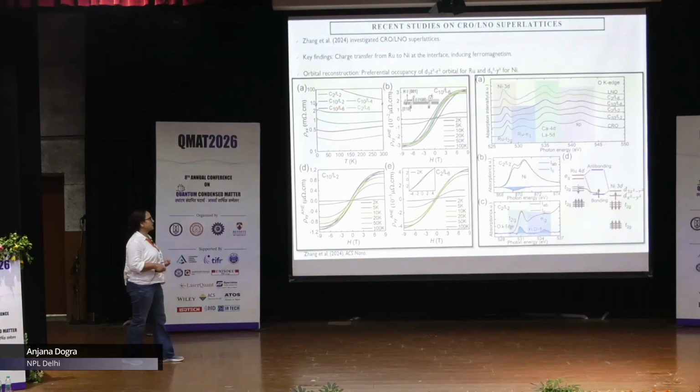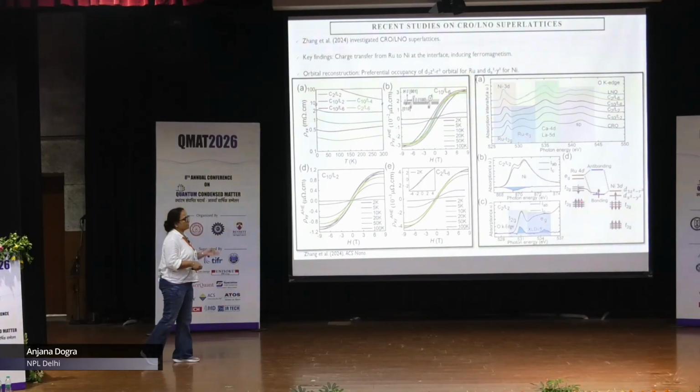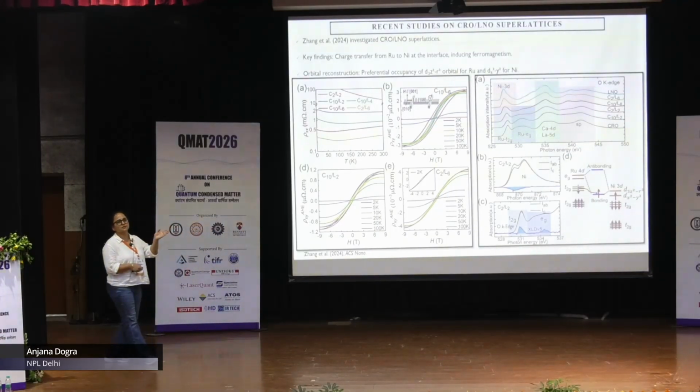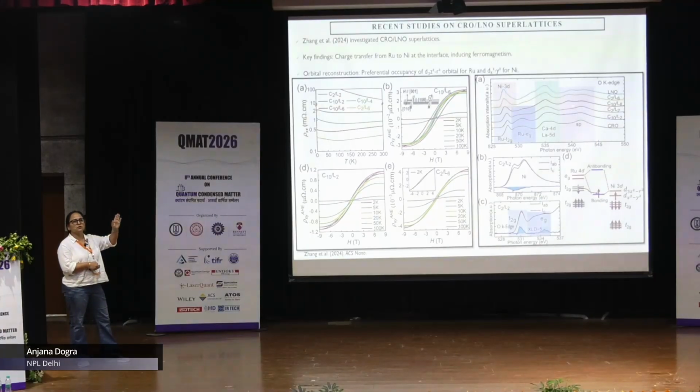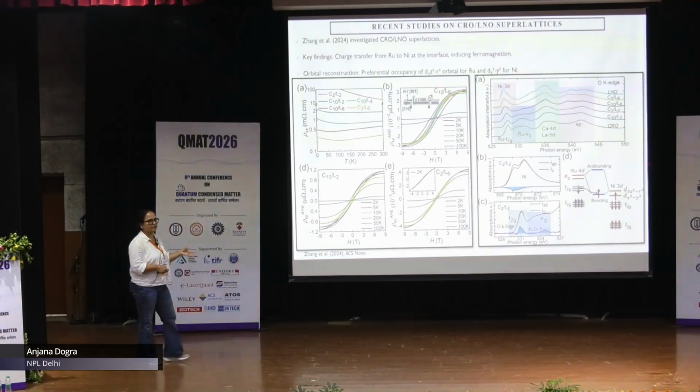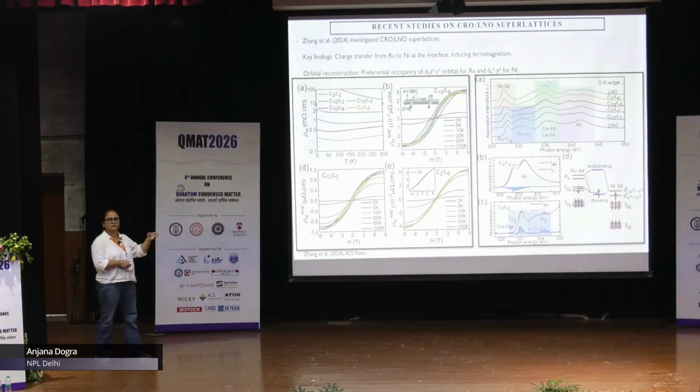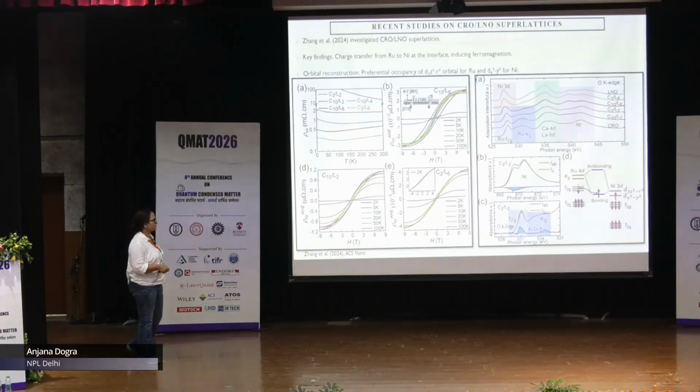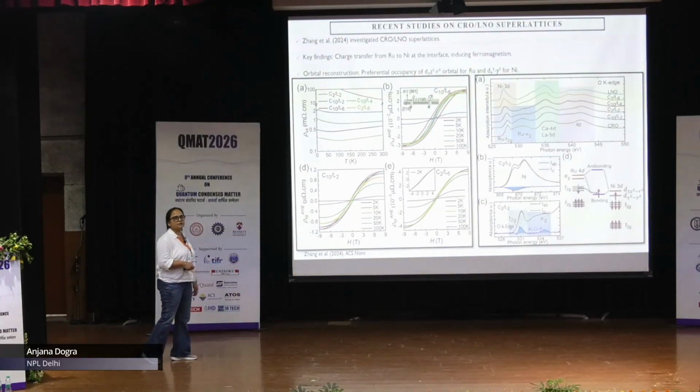So, basically the t2g level, there is a charge transfer from ruthenium to nickel. Okay. Because of this charge transfer, you can also say the valence state of the nickel is changing. That is why the magnetism is being observed, and they have done the XLD measurement.